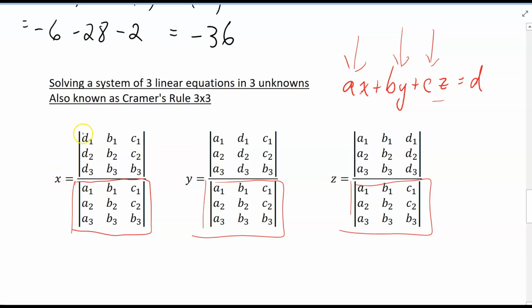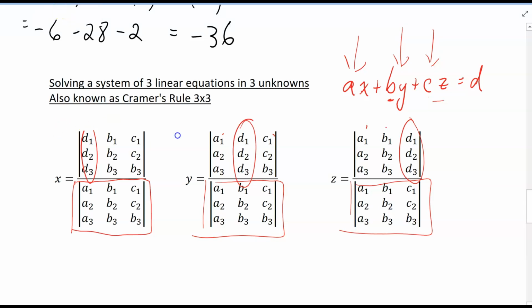So when we're solving for x, the a column is changed to the d's, but b's and c's remain the same. When we're solving for y, its coefficient is b. The b column changes to d's, but a and c remain the same. And when we are solving for z, its coefficient is c. The c column changes to d's, but a and b remain the same. So that's just the pattern I wanted to point out.